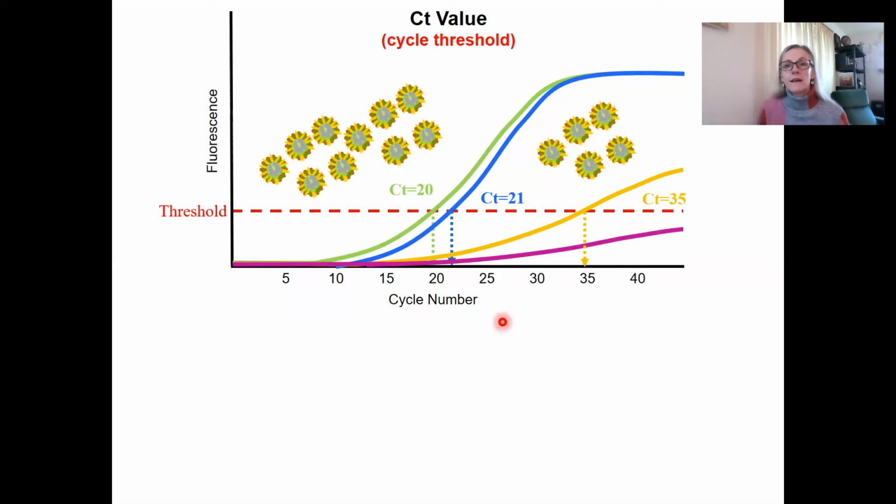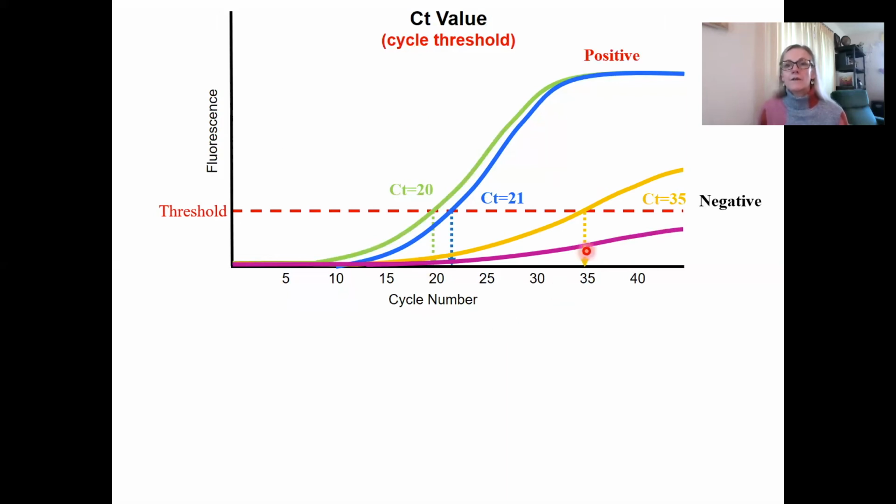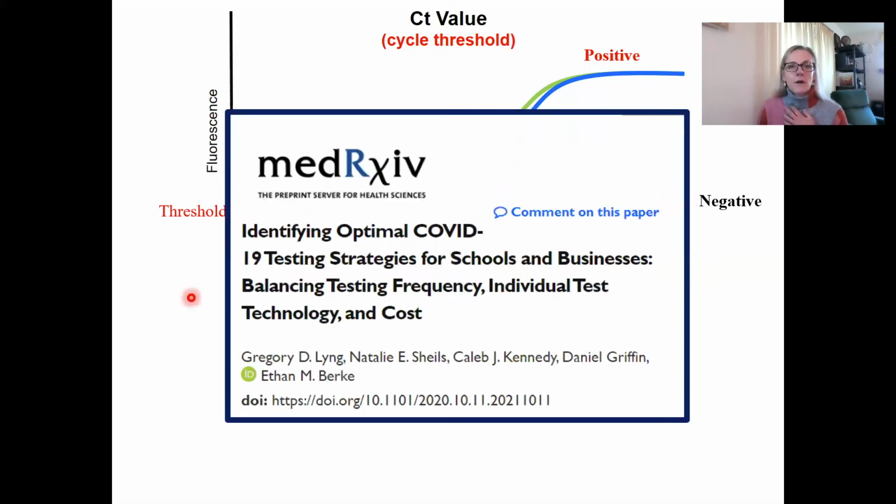Usually we say those past 35 are really a negative result, probably, and those below 35 are positive.